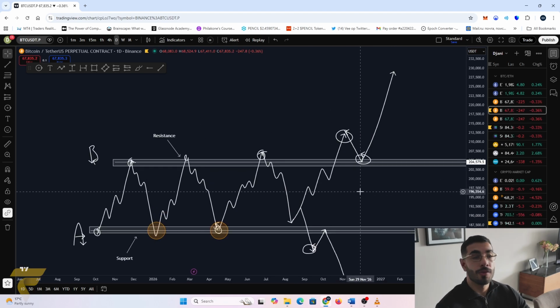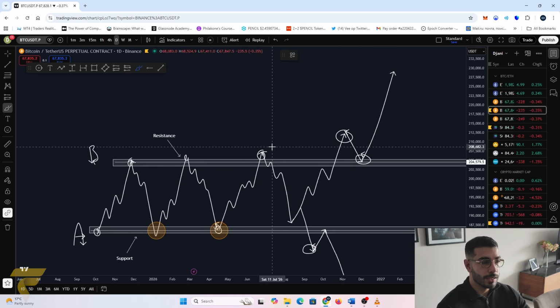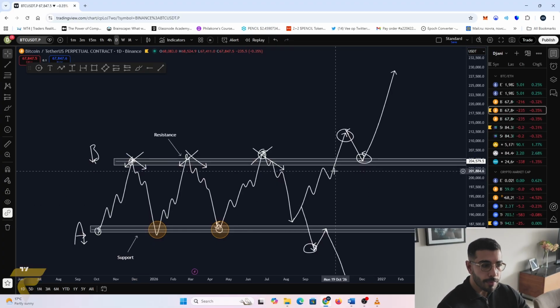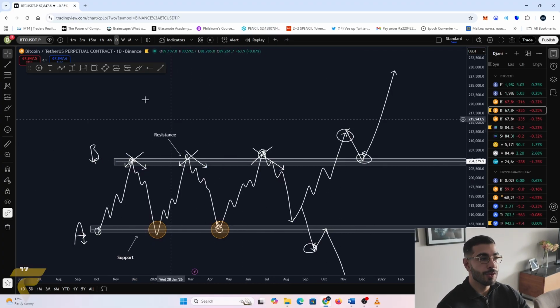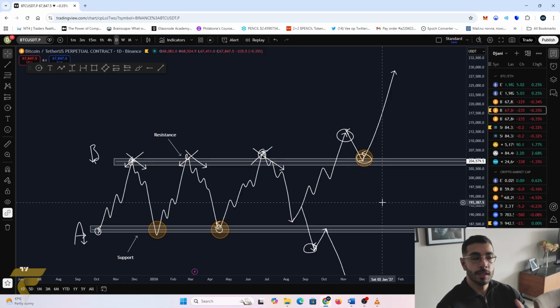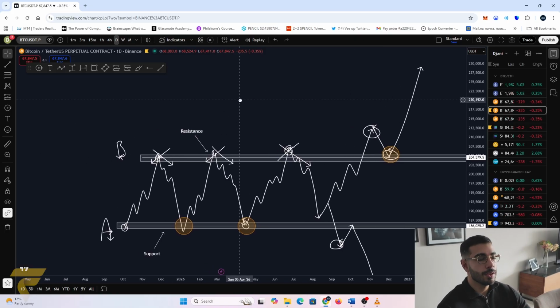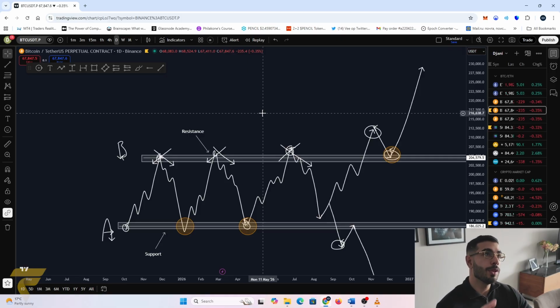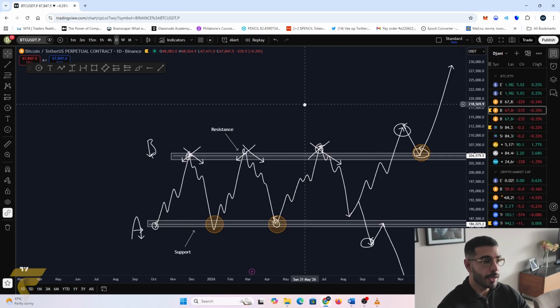However, this is also vice versa. So where price rejected previous 3 times in this example, eventually when you break out of it, this so-called ceiling or resistance eventually becomes support, which allows price to keep on pushing up higher, which is obviously something that is very nice whenever you're investing or whenever you're trading, with the expectation that price wants to go higher.